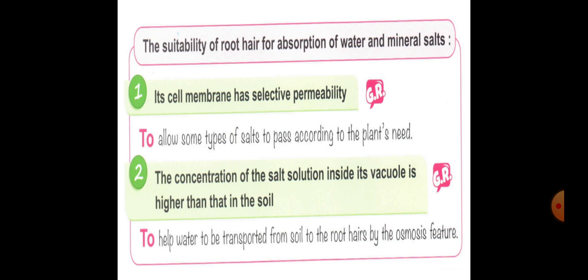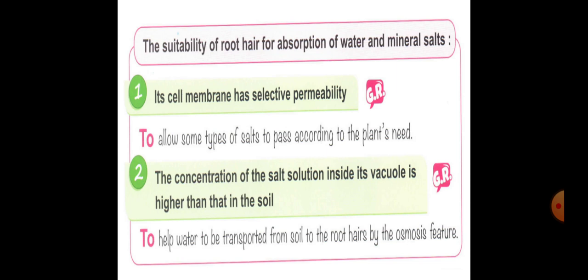The suitability of the root hair for absorption of water and mineral salts: number one, its cell membrane has selective permeability. The root hair's cell membrane has a property which is called selective permeability.